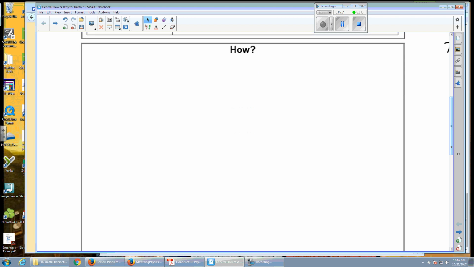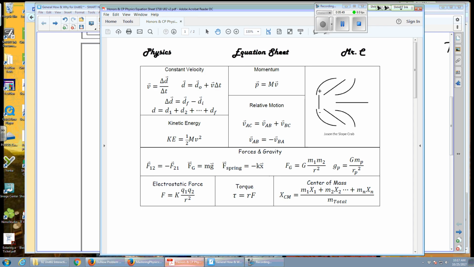First thing I want to do is grab an equation from my equation sheet. I'm going to grab little g of the planet equals big G times the mass of the planet over how far you are from the center squared. That's in the far right corner of the forces and gravity box.